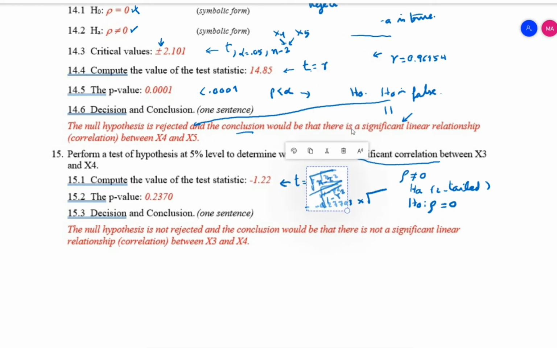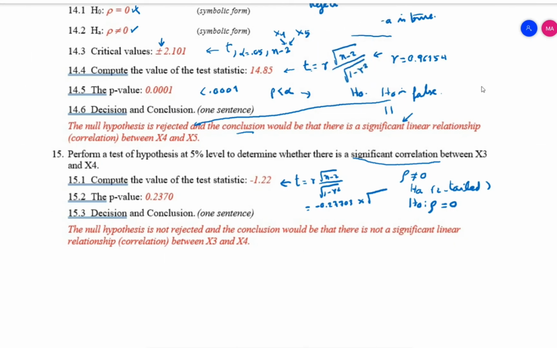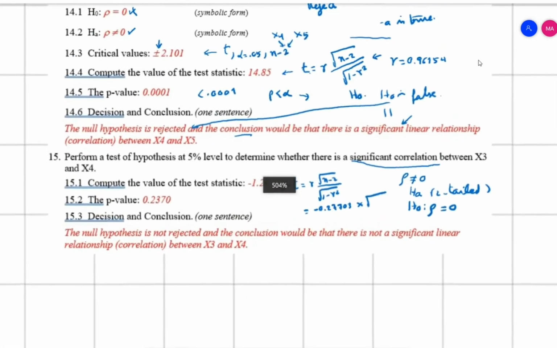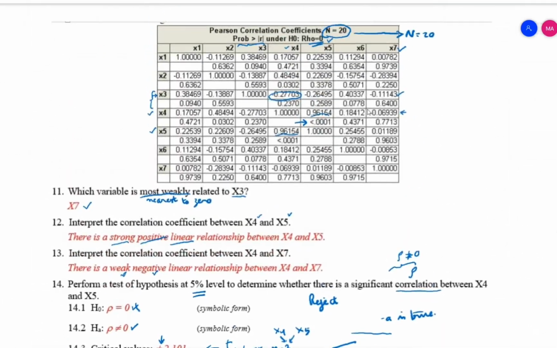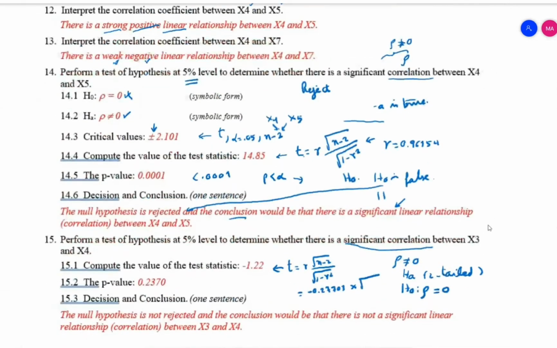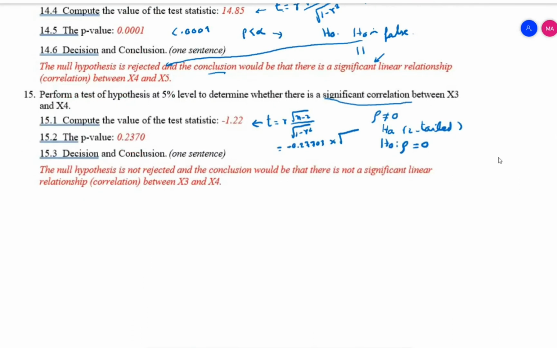What is n? N is here, 20, so n minus 2 is 18.